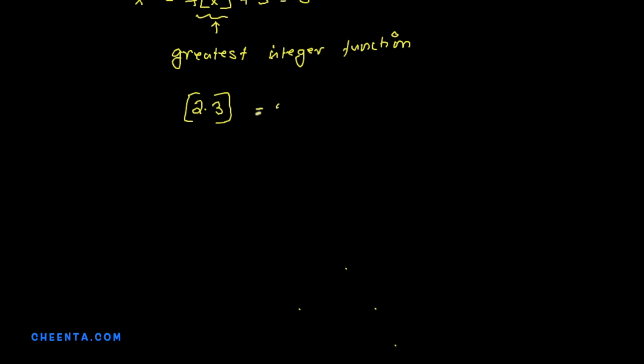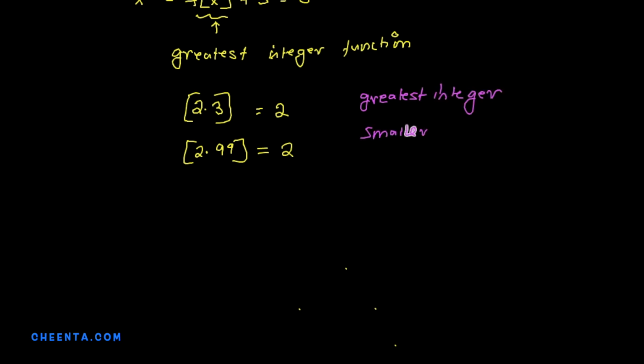So that's 2. In fact, box of 2.99 will also be 2. Remember, we want the greatest integer smaller than the number concerned.